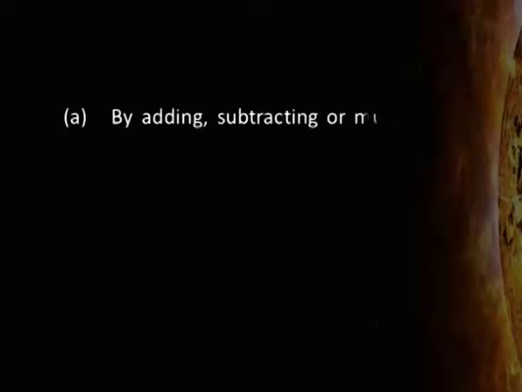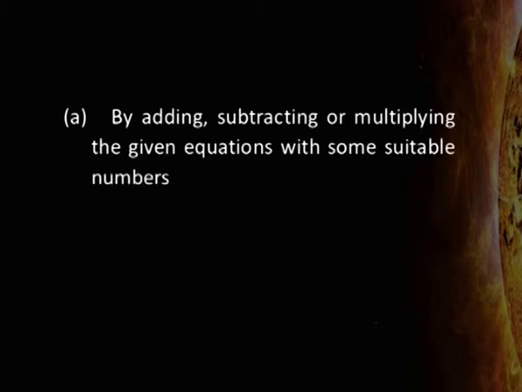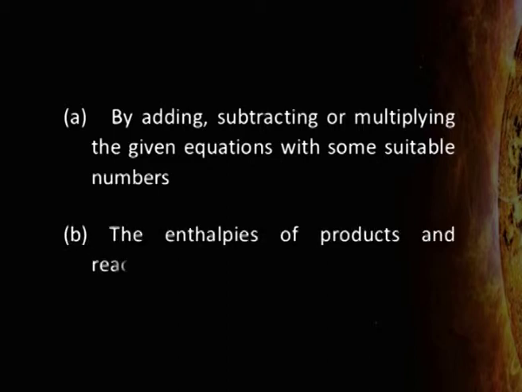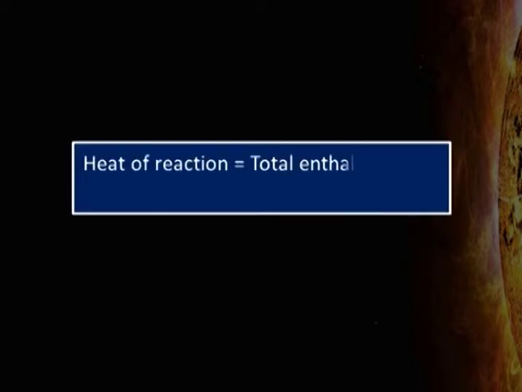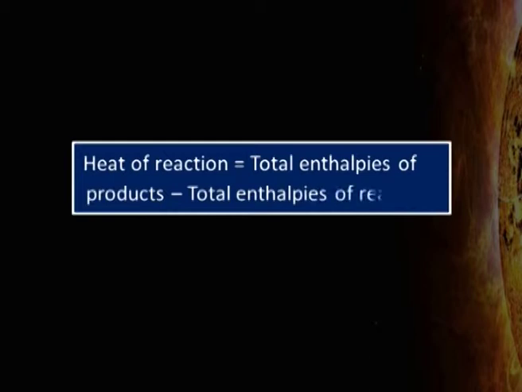Now try to obtain the required equation from the given data. This can be done in two ways. First one is by adding, subtracting or multiplying the given equations with some suitable numbers, and the second one is using the enthalpies of products and reactants and using the equation delta H of reaction is equal to total enthalpies of products minus total enthalpies of reactants.